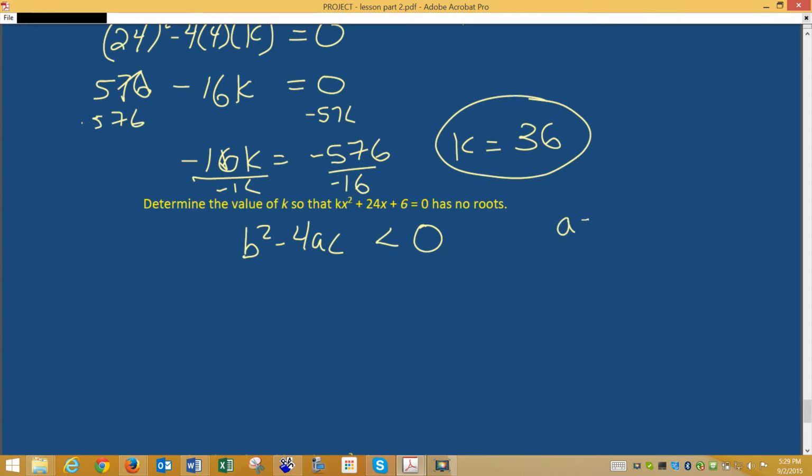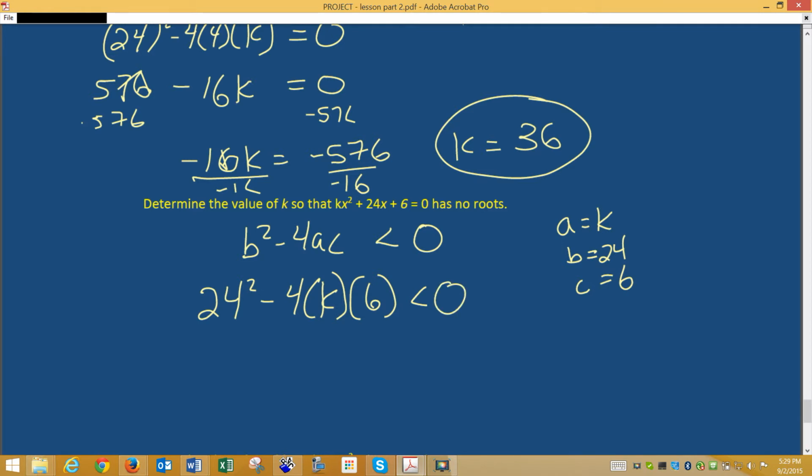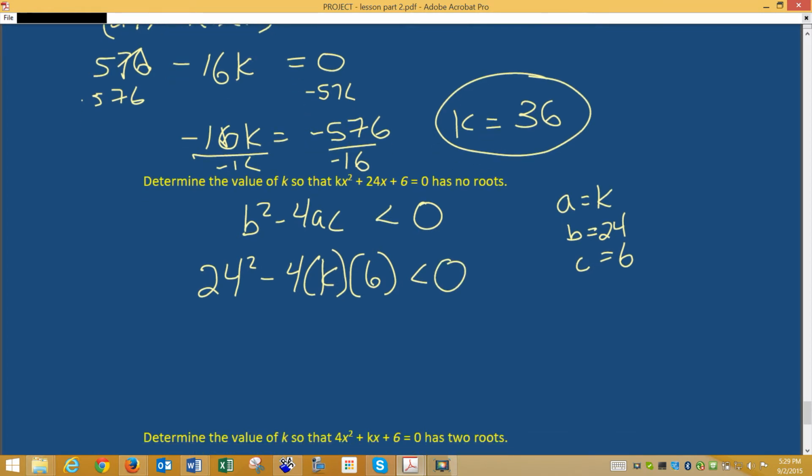Okay, and my a in this case is k, my b is 24, and my c is 6. So I'm just going to substitute those in. So that's going to be 24 squared minus 4 times k times 6 is less than 0. 24 times 24 from last question, that's 576. 4 times k times 6 is 24k less than 0.